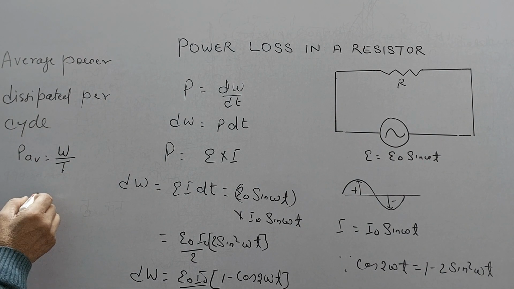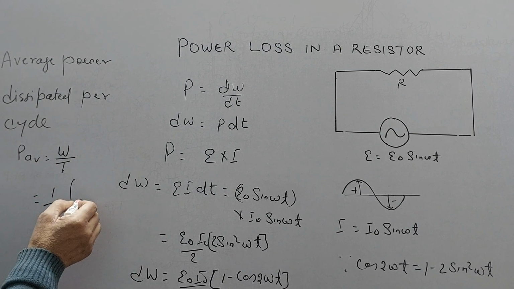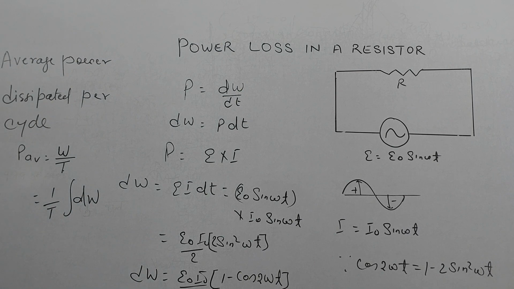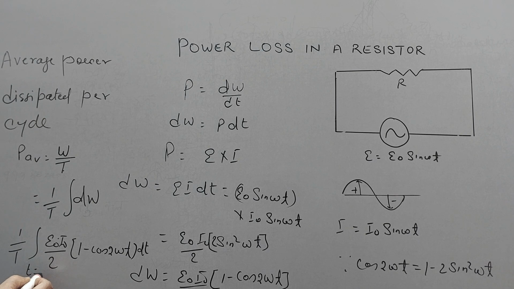So P average is 1 upon T integration of dW, which equals E naught I naught divided by 2 in bracket 1 minus cos 2 omega t into dt, with time going from t equal to 0 to one time period.